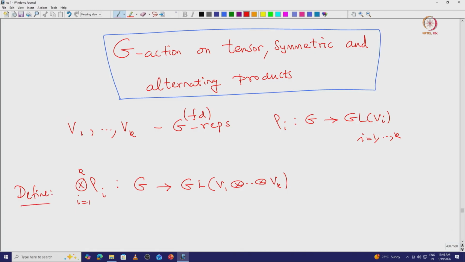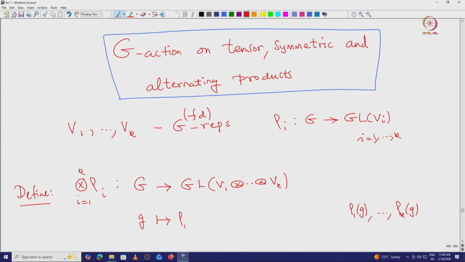Now define this map as follows. It is a natural action on the individual simple tensors that we can expect. You take g and then you send it to the tensor product of these rho i g. So, we have rho 1 g acting on V1 and so on, then rho k g acting on Vk. Now we can consider this tensor product of these maps.